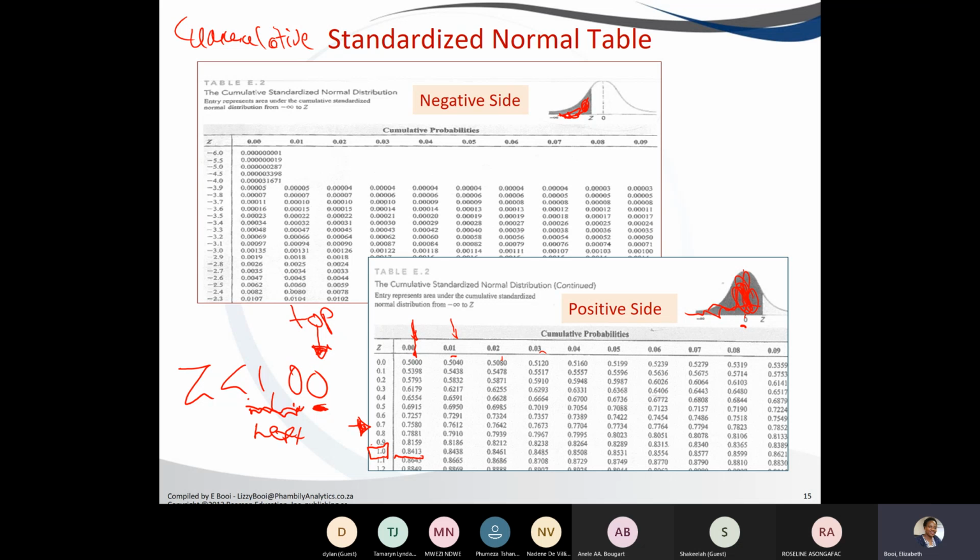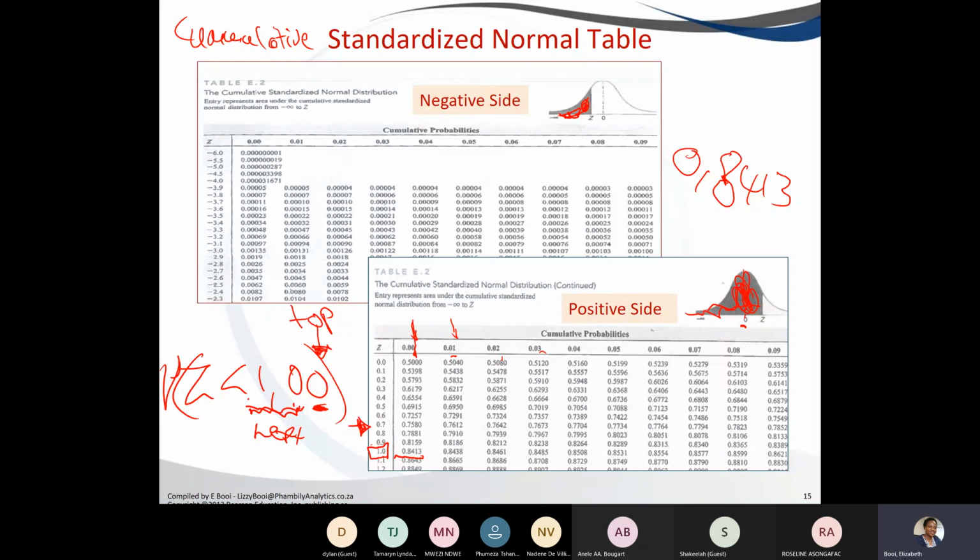Therefore, the answer will be 0,8413. And that will be the probability of Z less than 1.00. And that's how you will read the table.